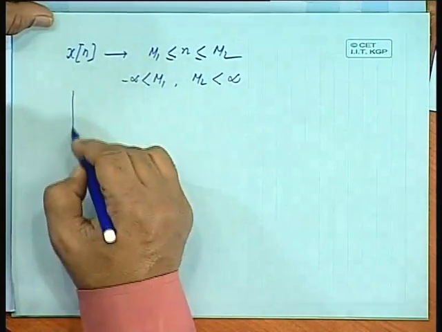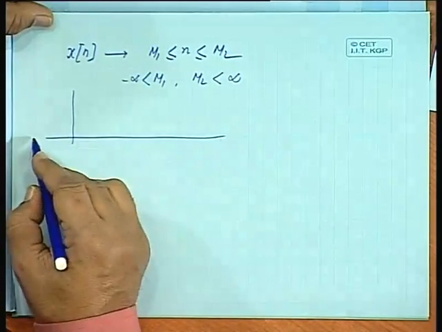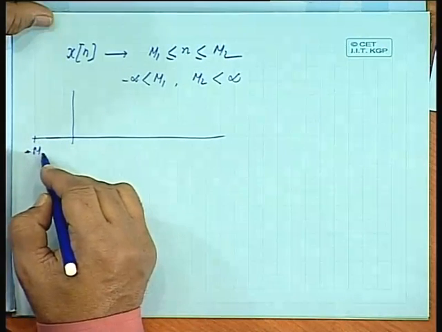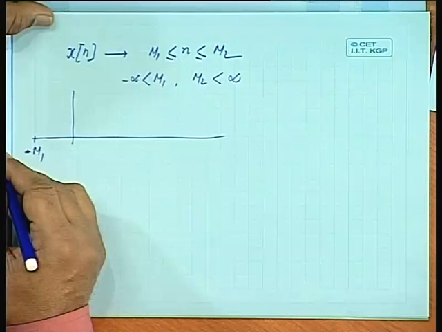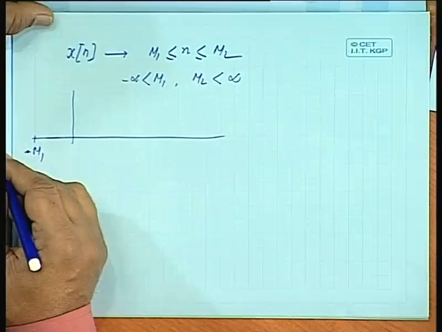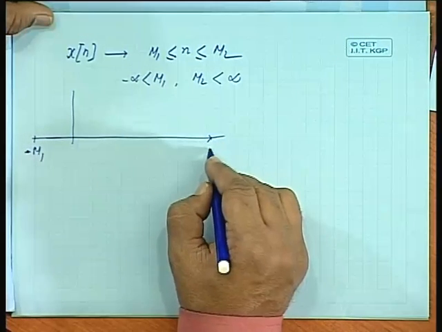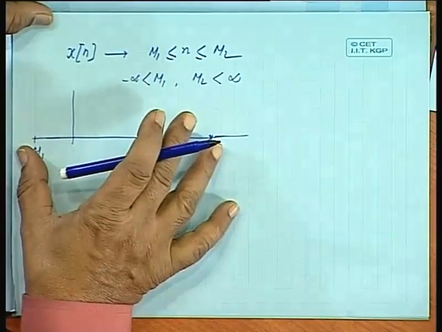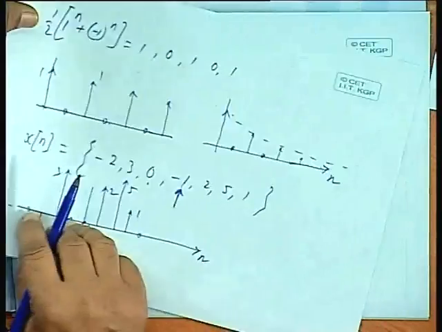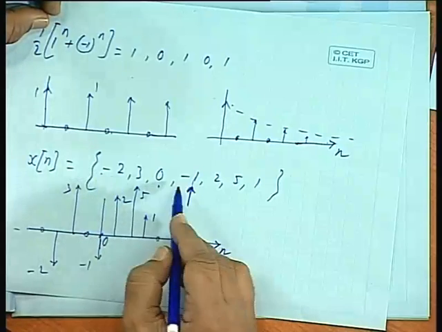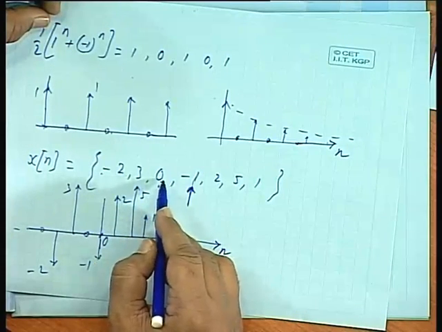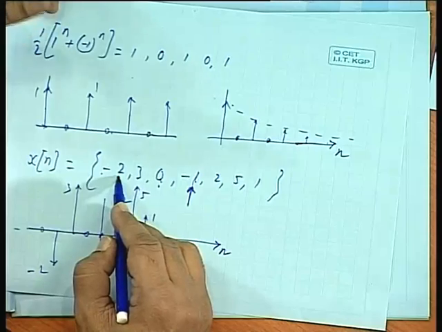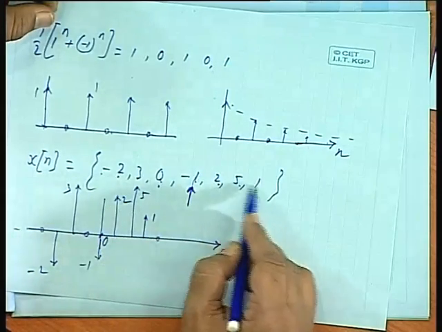That means, between some m1 which may be in the negative region of time and some m2, it is defined, all right, like the previous one. Here this is 0, -1, -2, -3. So, m1 was up to -3, m2 was up to +3.